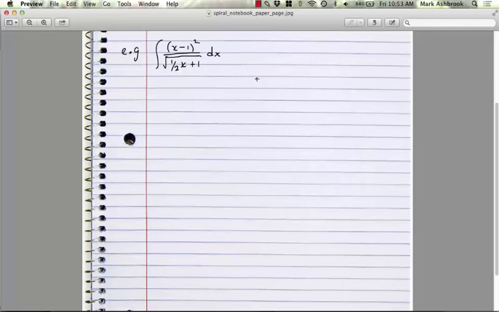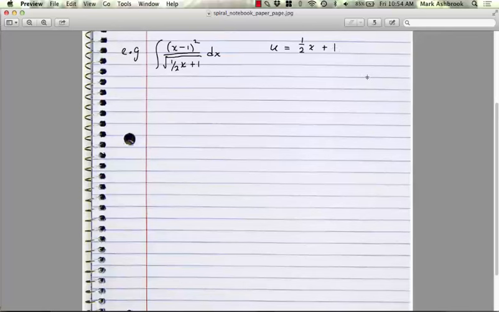Okay, so here's where we could do a substitution and change the variables. What we could do here is substitute u equals this entire argument of the radical here. How do you know to do that? Because it works.